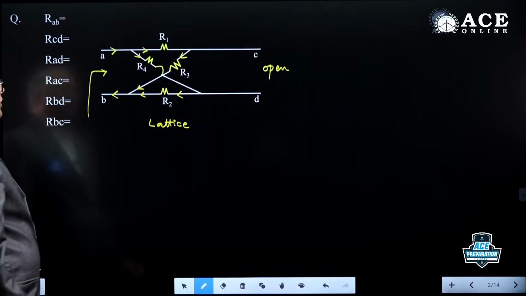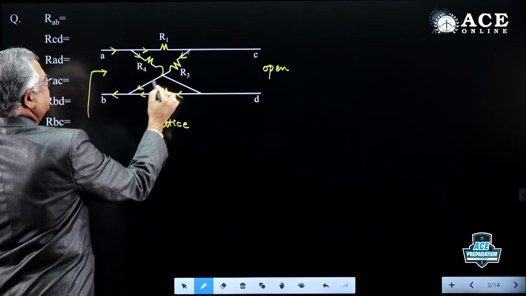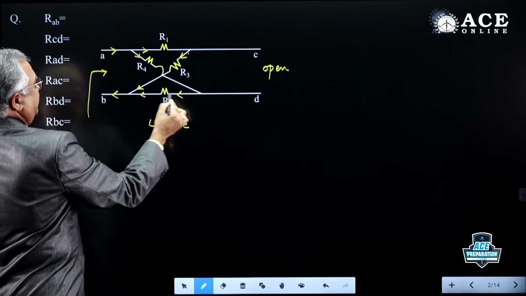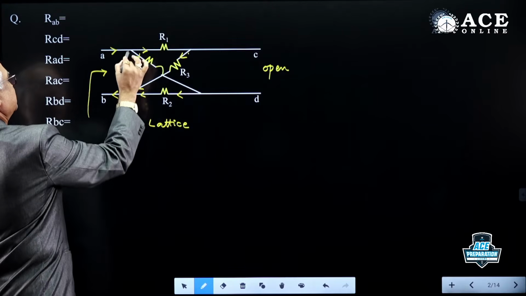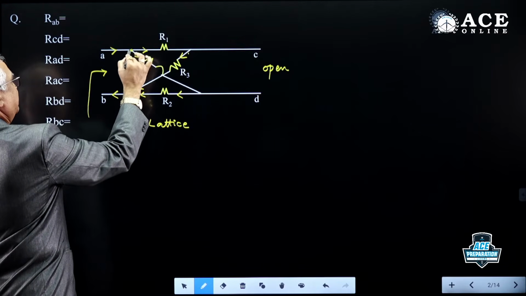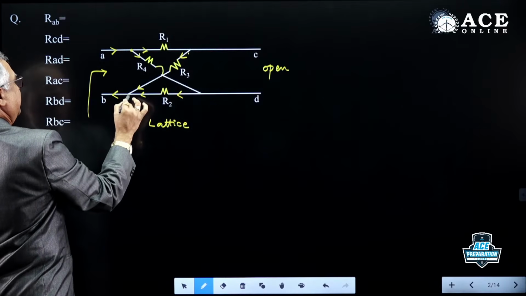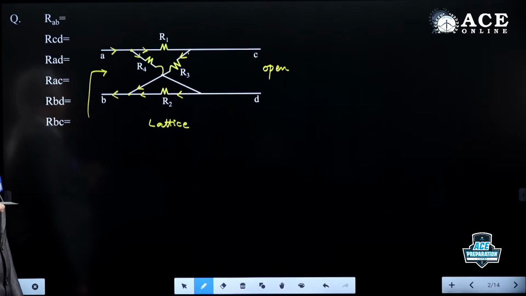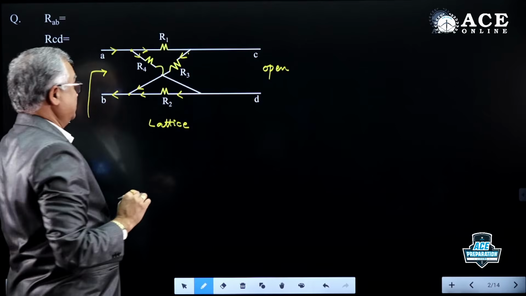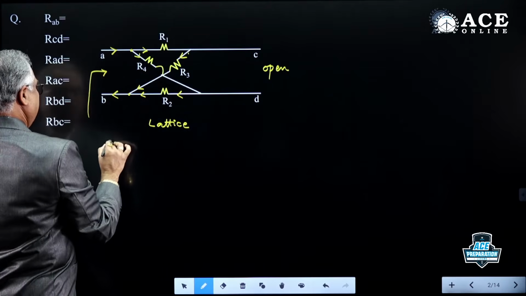Now observe the properties. Current same means series. Here also current same means series. And that and this are parallel, because here the current divided and the current again combined here. So between these two nodes, definitely they must be parallel. So what is the RAB answer now?